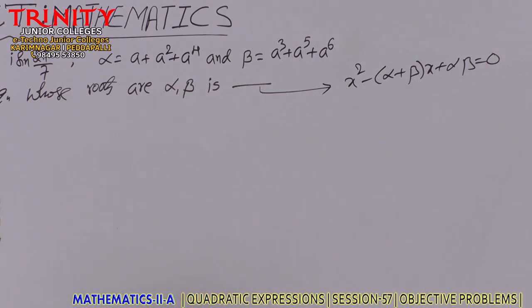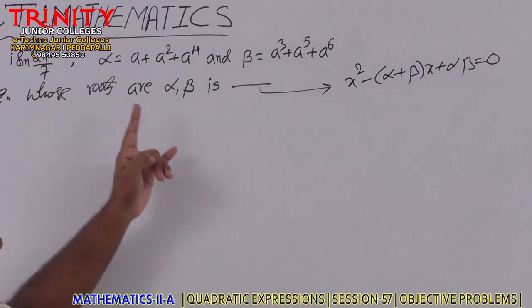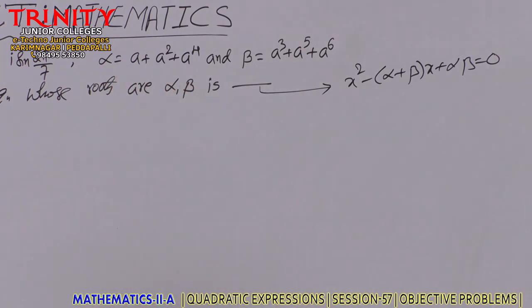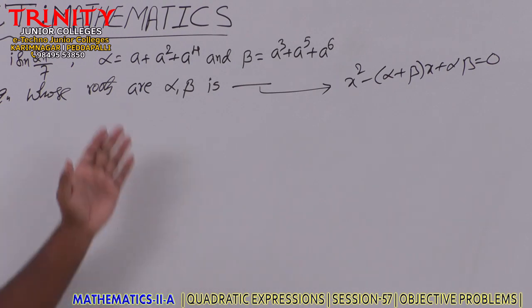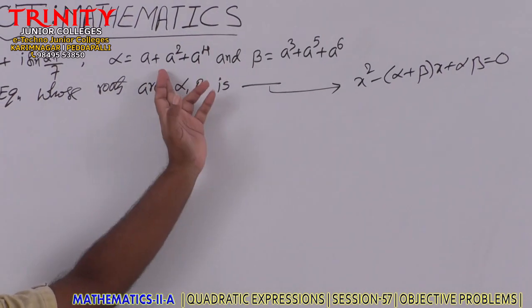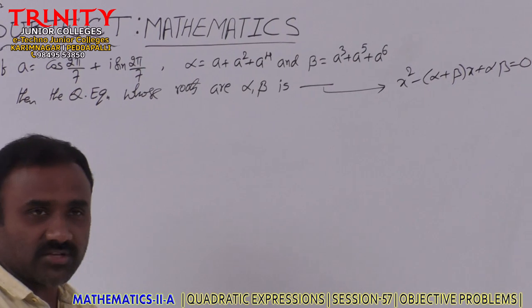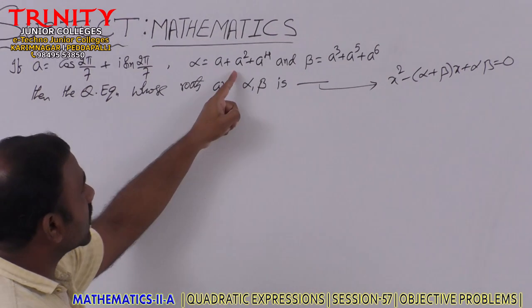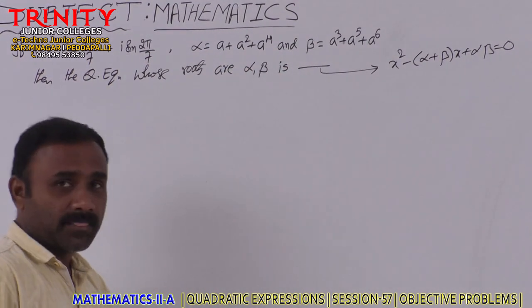Then what will we get? We can't get anything. And alpha beta, if we multiply these two, we will get a power 10 polynomial. Correct or not? But we should get the quadratic equation with numerical values. It means we have to find what these values are.